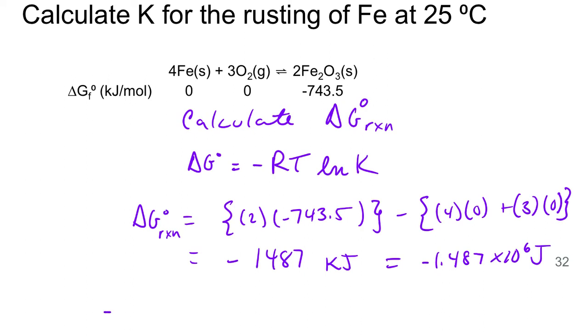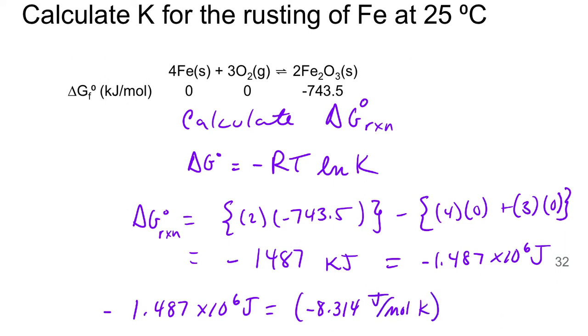So we're going to take our minus 1.487 times 10 to the 6 joules equals minus 8.314 joules per mole Kelvin times the temperature in Kelvin, 298, times the natural log of the equilibrium constant. So do that for me and see what you get. You've got a calculator.